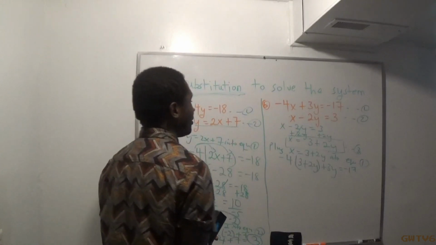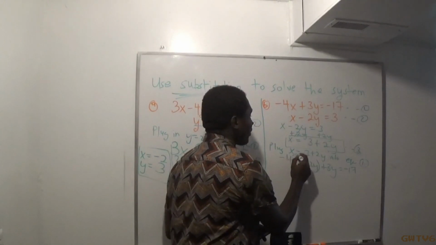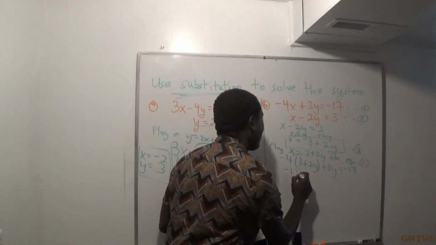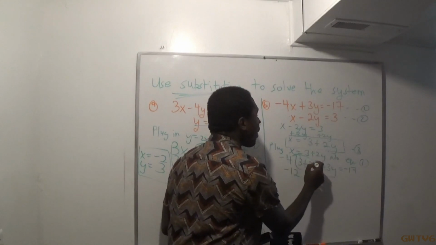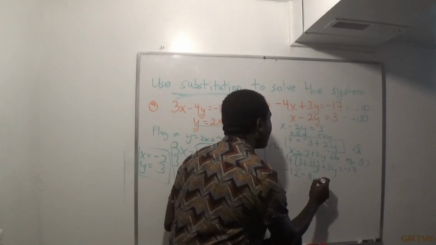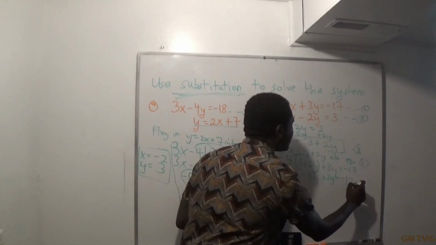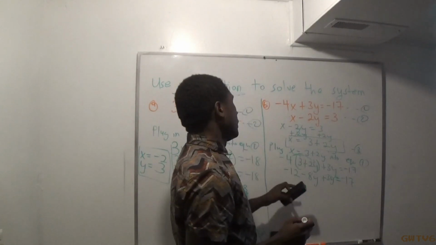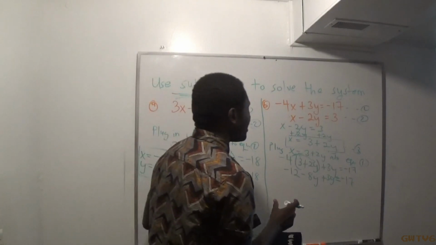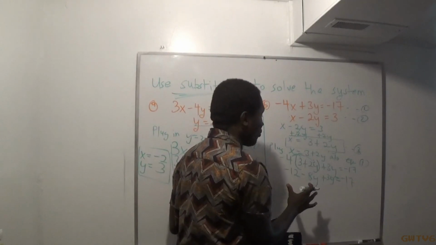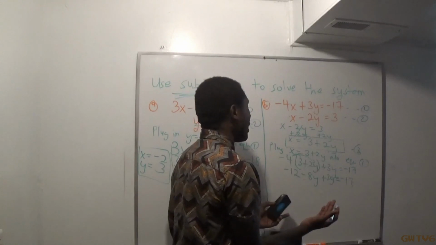And I'll just solve it. So here -4 times 3 is -12. -4 times 2y is -8y. And then plus 3y equals -17. Whenever I'm solving an equation, I check both sides of the equal sign to see if I can combine any like terms.